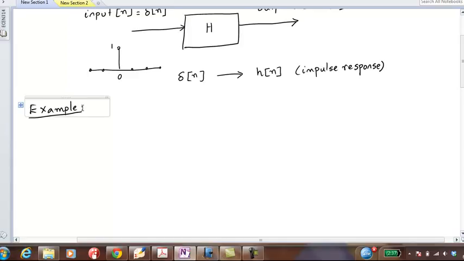Let us say we have a large room and somebody speaks into the room. So we have an input signal, say x of n, and we have a receiver sitting at the other end of the room. So here is a speaker and here is a mic.